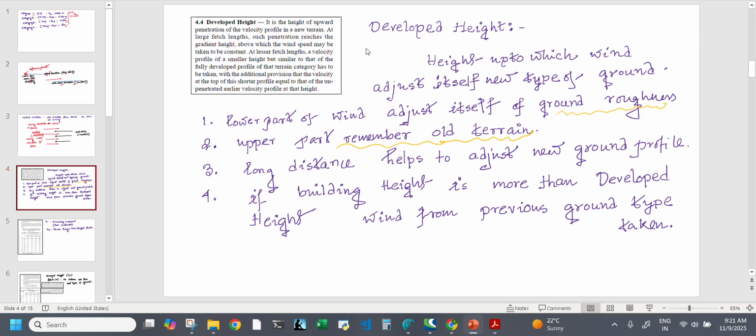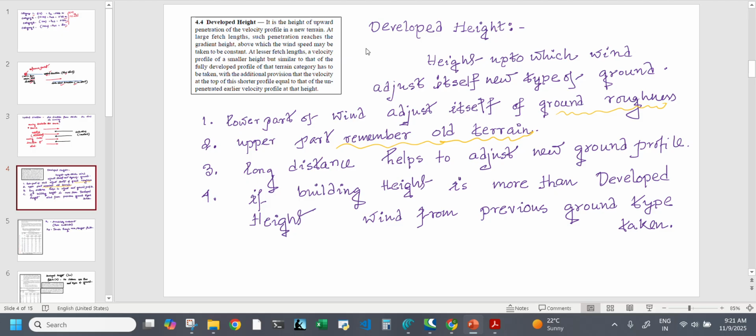Let's discuss it. As the height increases, the lower part of the wind adjusts itself to the ground roughness, and the upper part remembers the old terrain.